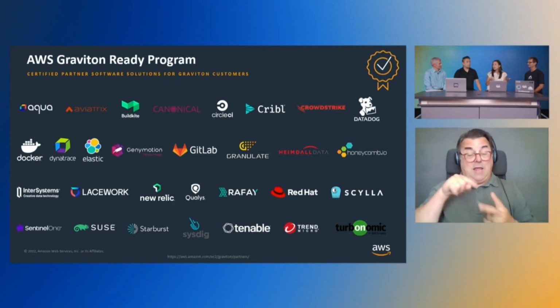AWS has end-to-end ownership of the entire EC2 instance stack. I know we've talked today about the Nitro virtualization platform, but this is really key to the strategy and where our silicon journey began. So this is what allows AWS to really improve the performance, not only at the processor level, but also at the network and the storage level.